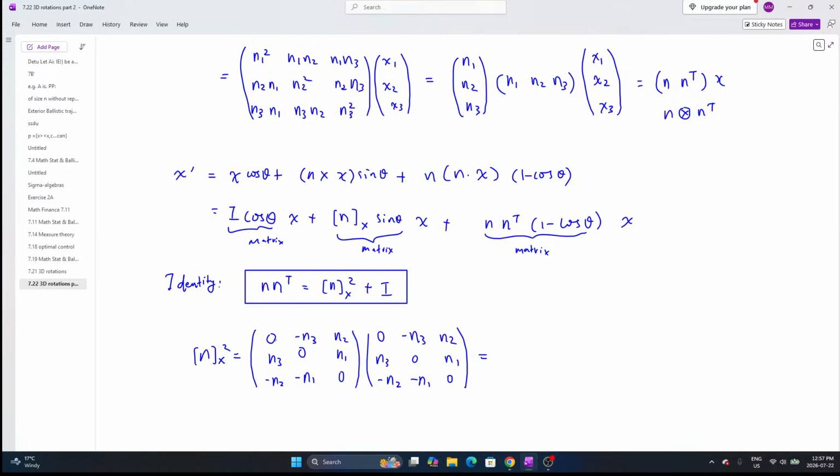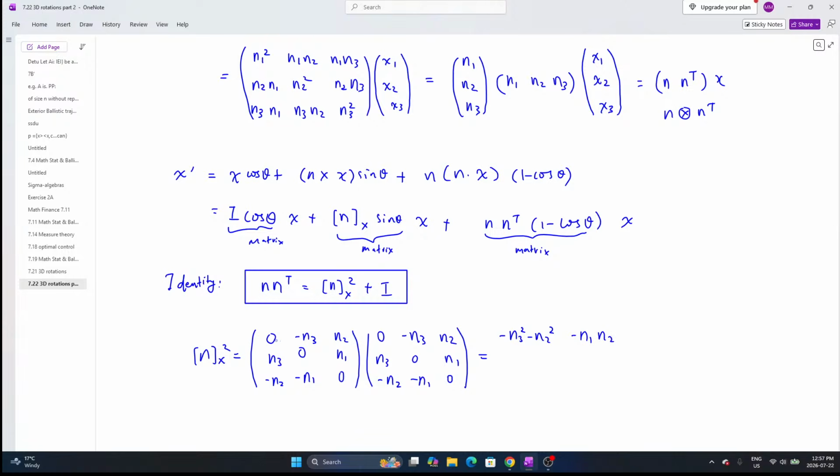So you get 0 times 0. This is minus n3 squared minus n2 squared. Then 0, 0, n1, n3. This row times this column, n2 times n1, n2, minus n1, n2.